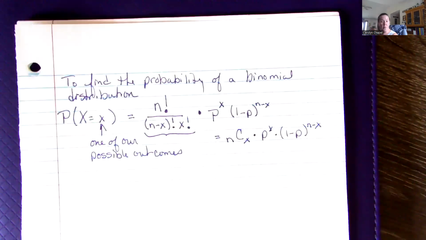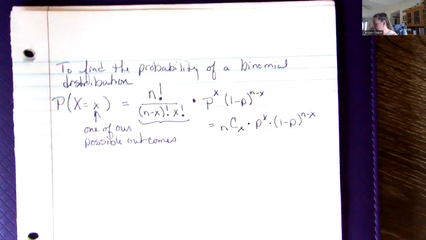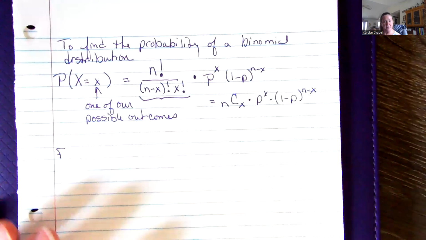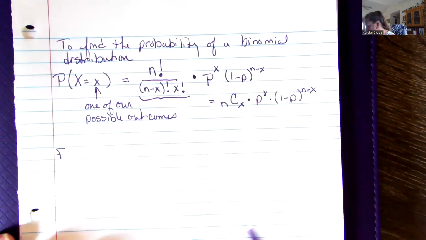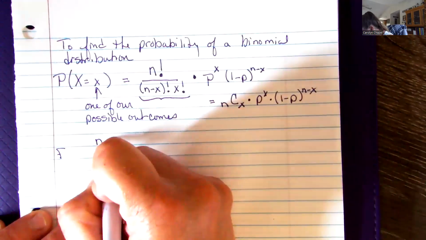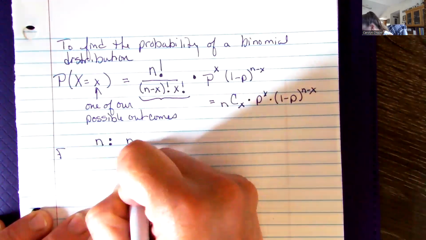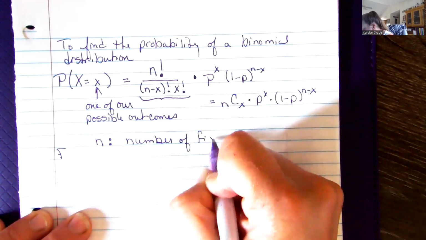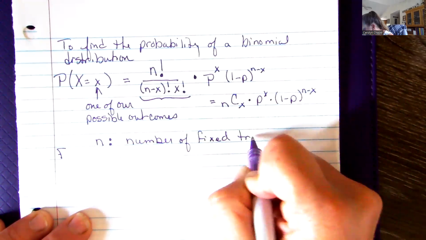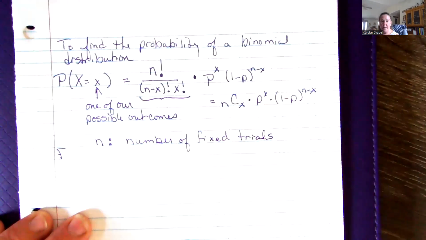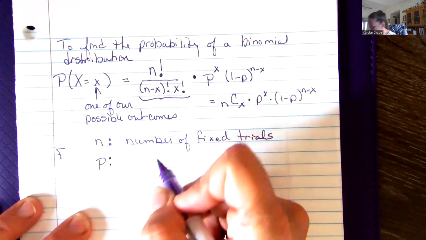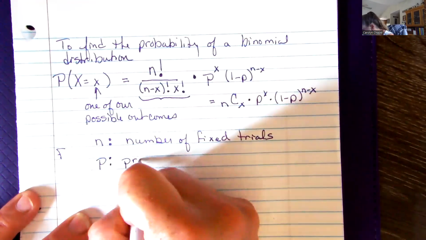All right, so let's do an example. I'm not going to use our 40 just because the numbers are a little big, but let's flip a coin 7 times. Before I do that, I better let you know what n and p and all those things stand for. n is the number of fixed trials. And p is going to be the probability of success.